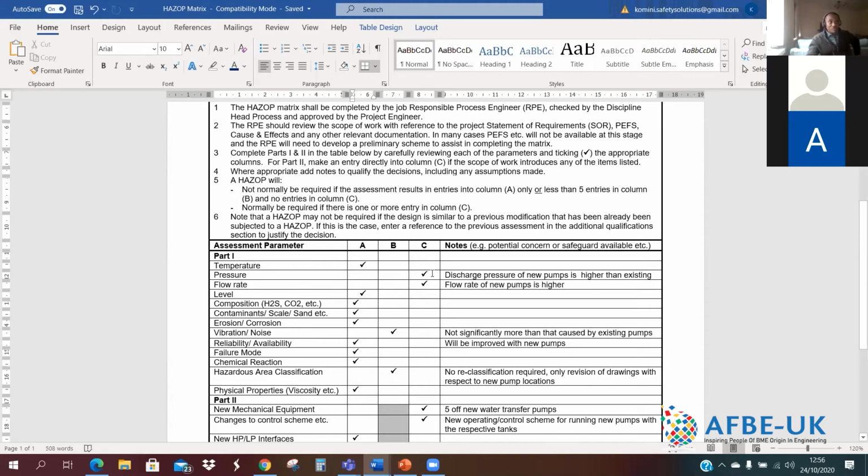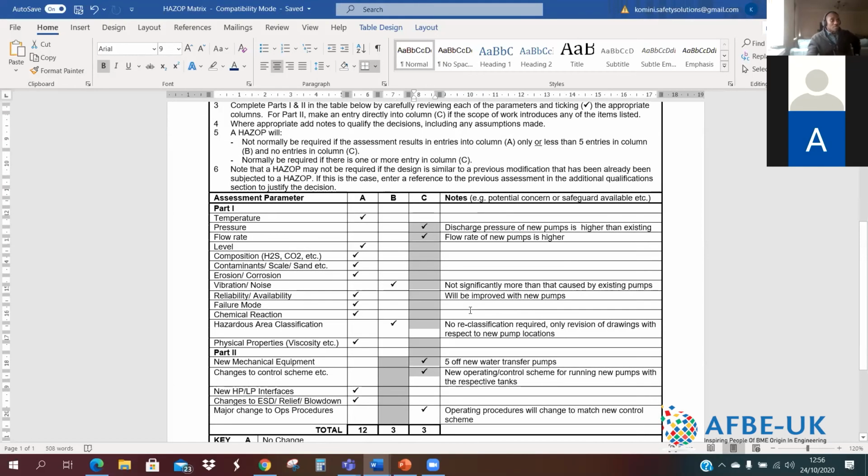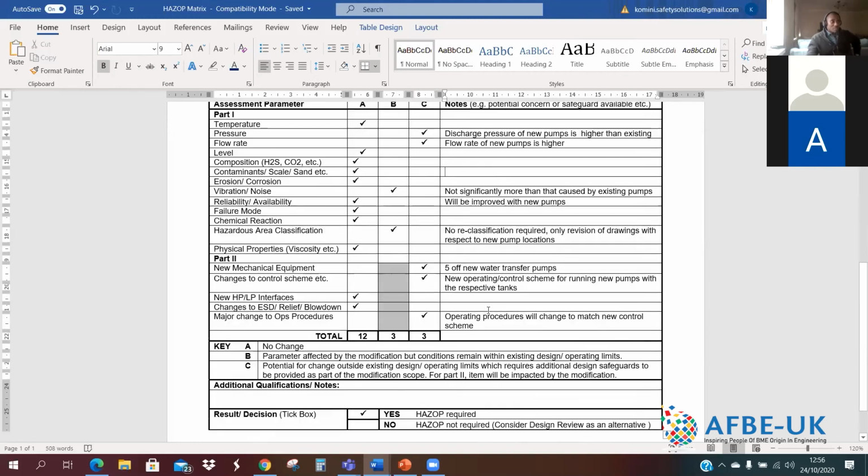And then, of course, if you have any change at all in column C, for example, your flow rate is definitely changing and it's going above your design flow rate for your system, you will have to do a HAZOP on that system. So that's what the HAZOP decision matrix is for.